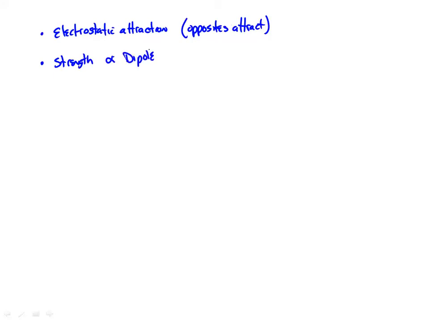And I don't want to cover how we calculate the strength of a dipole because it'll take away from what we're talking about, or I guess the big picture, which is all the intermolecular forces, and then we'll go in and look at a little detail of dipole-dipole.